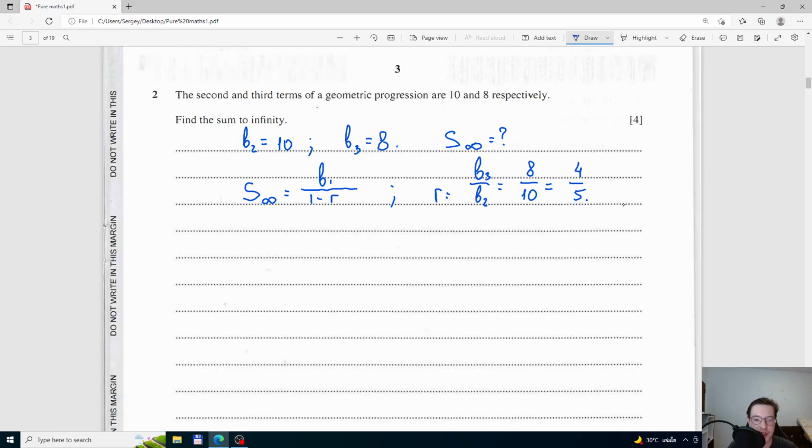Now, since I know the ratio of the progression, I can find the first term, which is the second term over the ratio. So it's 10 over 4 over 5, which gives me 12.5.